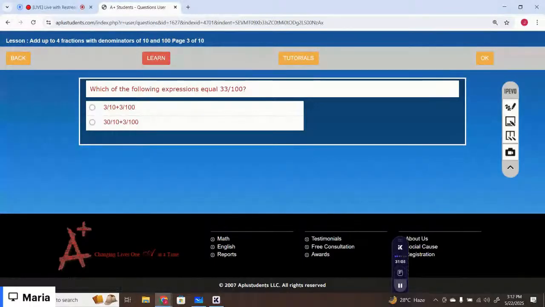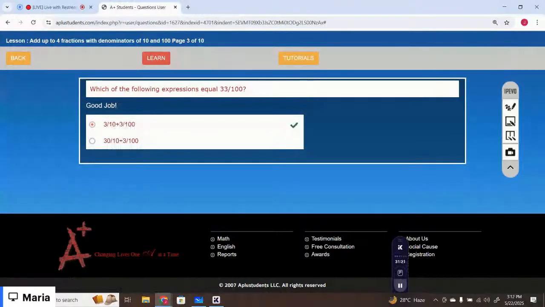So which is the correct option? Option number 1 is the correct option, that is 3 by 10 plus 3 by 100.